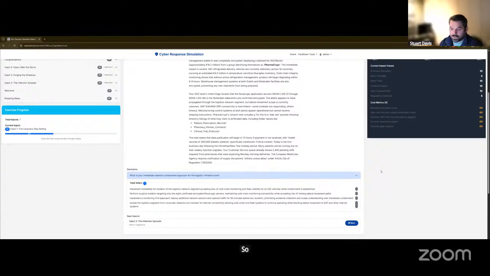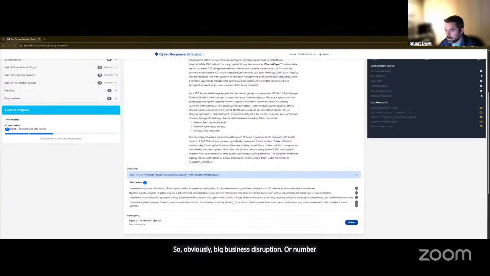So the first thing I would look at is option one, implementing an immediate full isolation of the logistics network. So obviously big business disruption. Or number two, perform a surgical isolation targeting only the 8 encrypted NovaLogic servers, maintaining cold chain monitoring connectivity while accepting more risk.